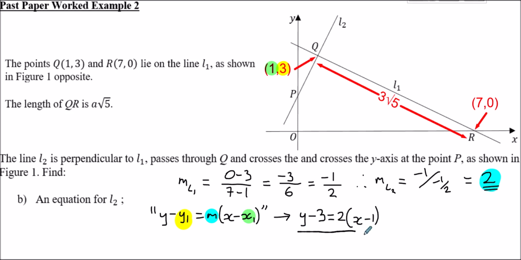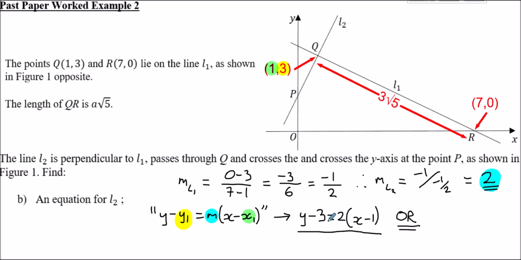Now if you have a look at how the question has been worded, it just says find an equation for L2. It doesn't say it has to be written in y equals mx plus c or ax plus by plus c equals 0, just an equation. So that would actually be fine. You could leave it like that and get full marks. Alternatively, you may have wanted to rearrange into something more familiar, like y equals mx plus c.